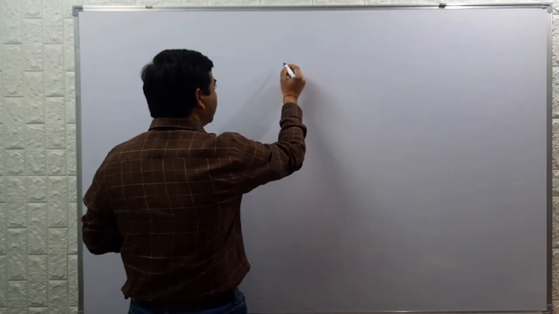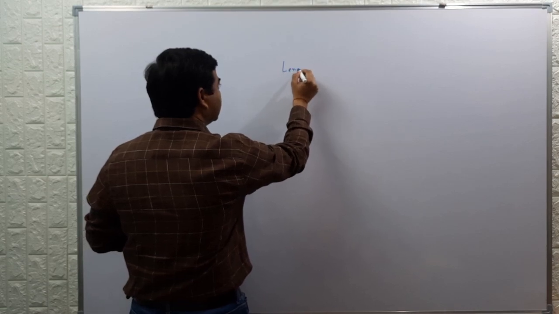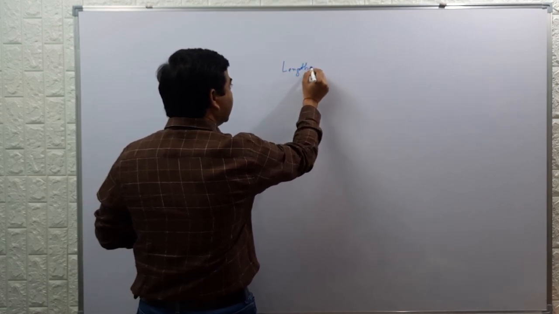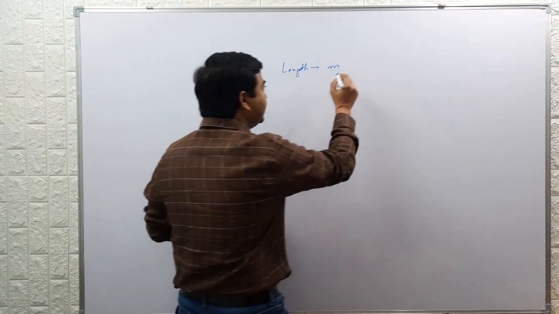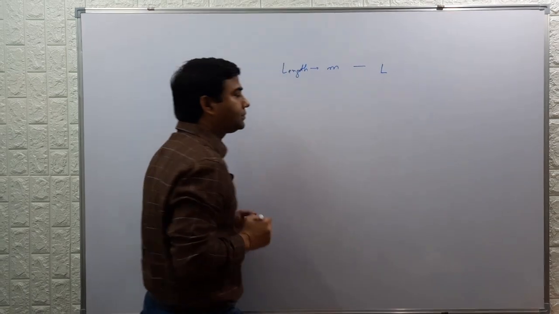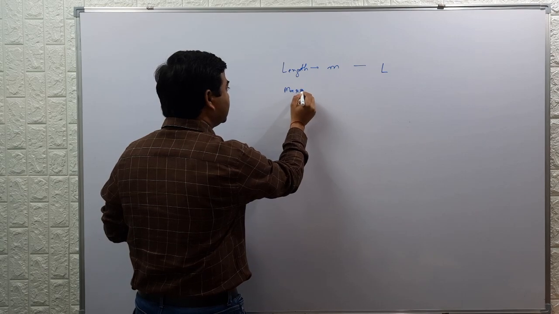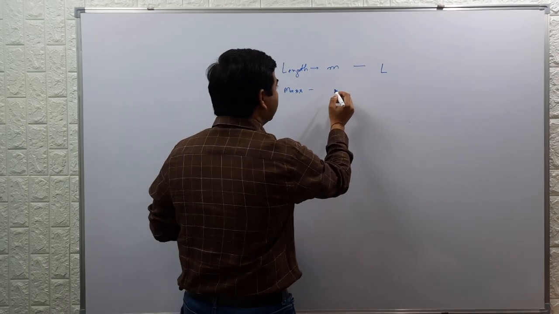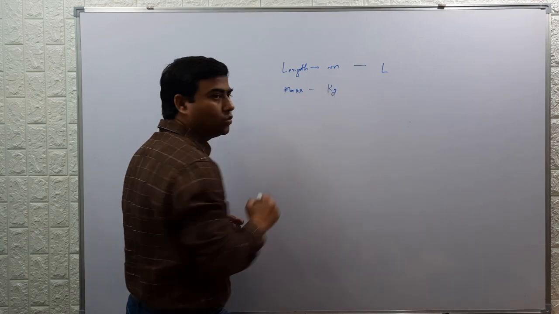So in dimensional formula, length: we know the unit of length is meter. In dimensional formula, its symbol is L. Similarly, mass: the SI unit of mass is kilogram.